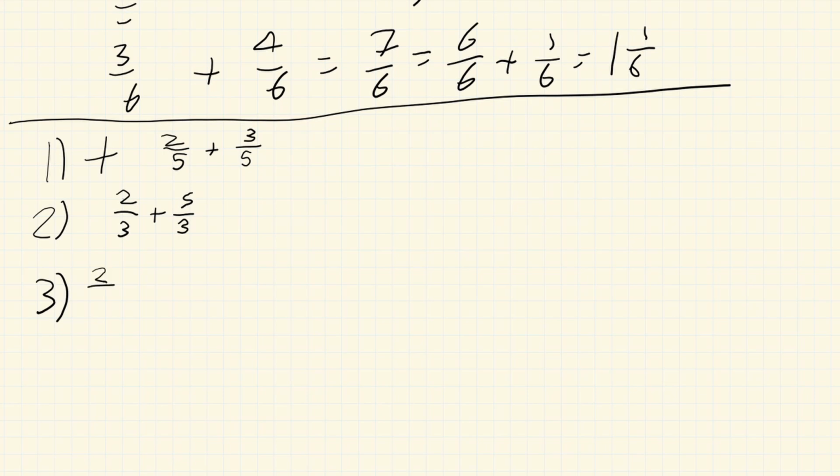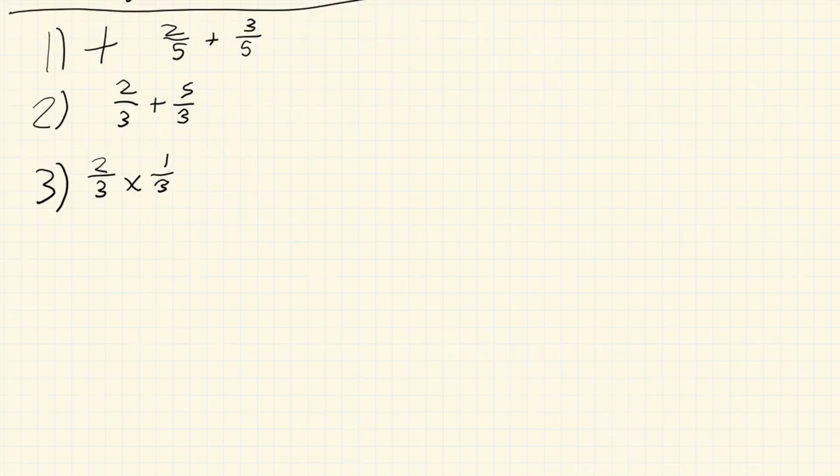What's 2 divided by 3 times 1 divided by 3? Question 4. What is 2 divided by 3 add 1 divided by 2? And remember, this is using multiplication to add two different numbers. So make sure you remember the rule. So the hint is look at the bottom numbers and remember how that works.